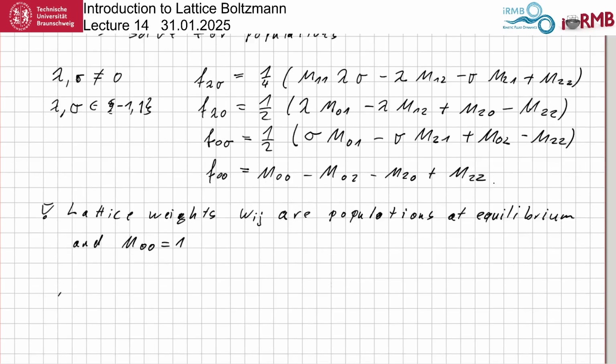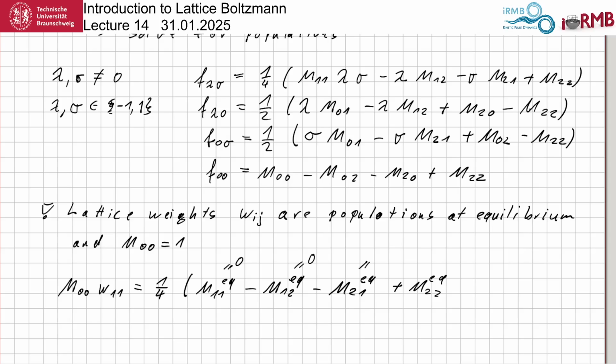So we'll have, for example, M00 times M11 is 1/4 at the moments now at equilibrium, and we specified that this here is 0, so I'll write it again, equilibrium minus M21 equilibrium plus M22 equilibrium. Okay, so what did we have? We had this being 0, we had this being 0, and we have this here being gamma M11.